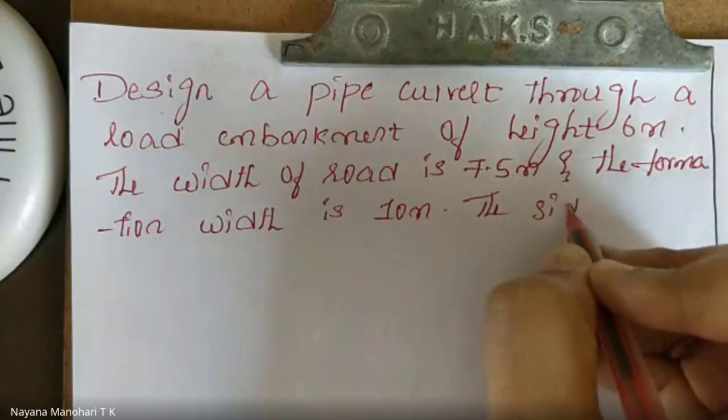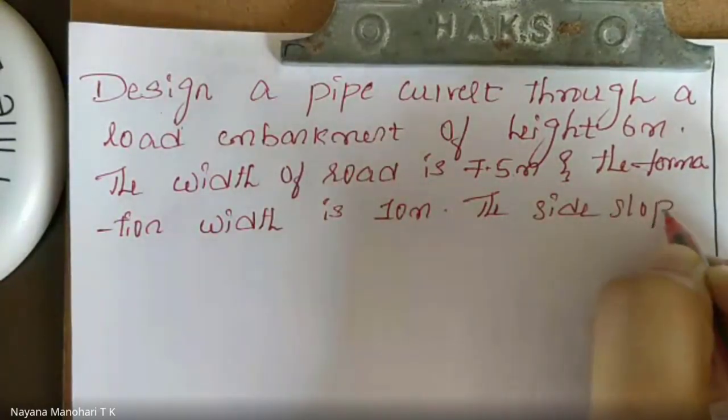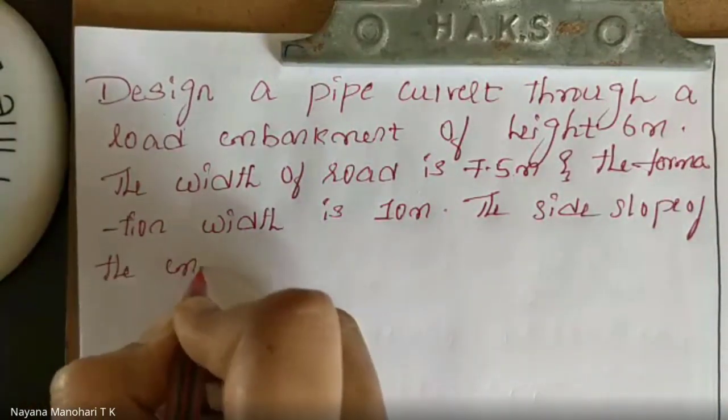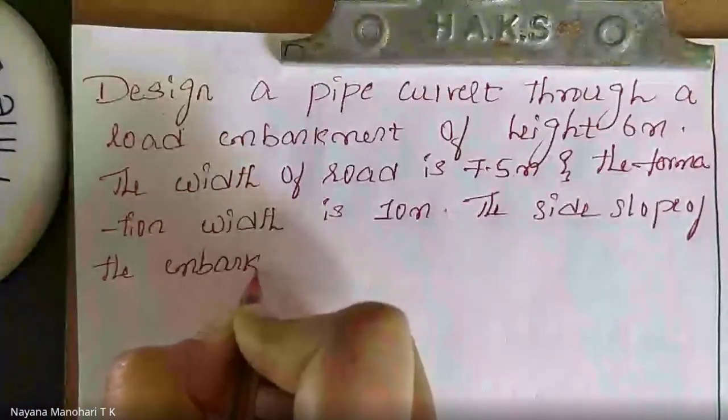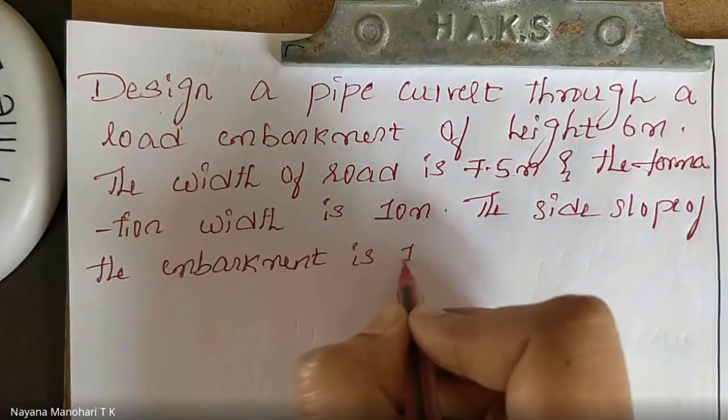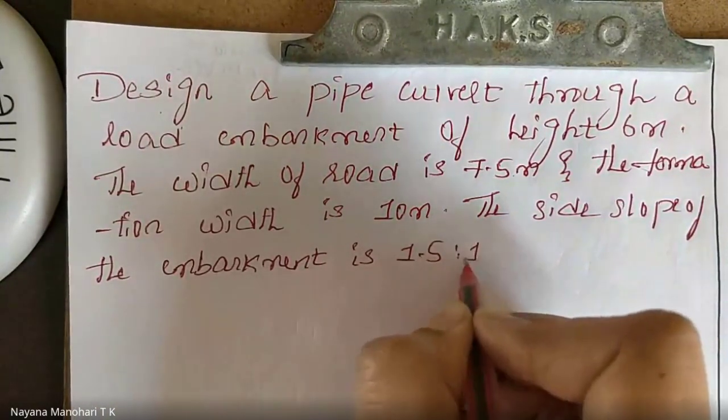The side slope of the embankment is 1.5:1.